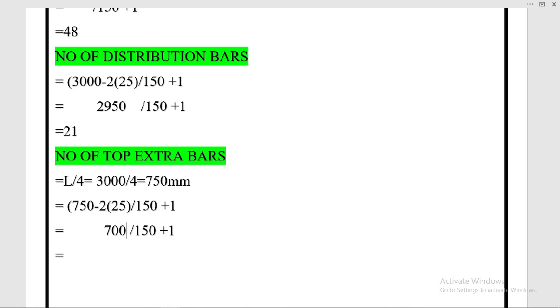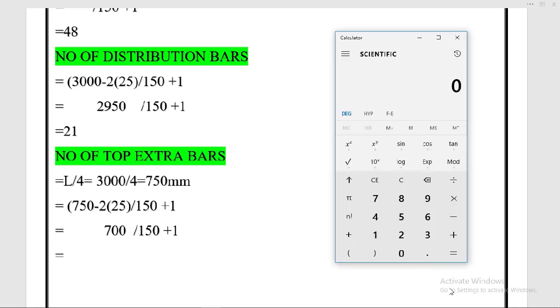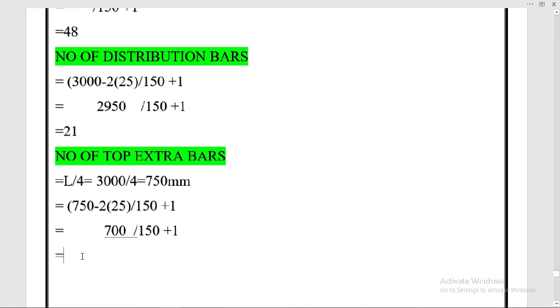Let me calculate it on the calculator now. 700 divided by 150 plus 1. We require 5.66, means 6 number of top extra bars at one side.